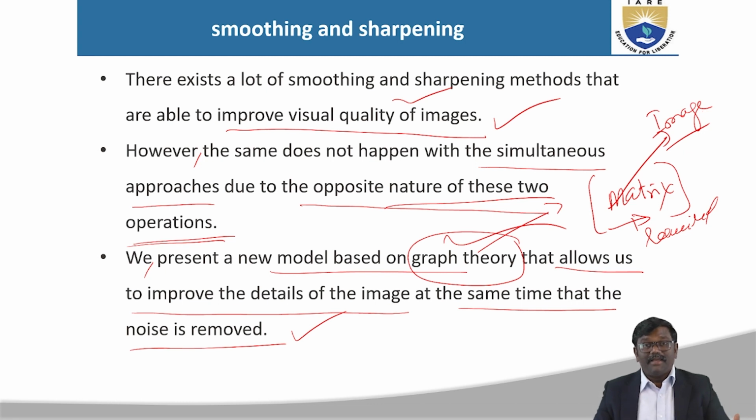Because the image contains a number of pixels, basically from 0 to 255, which are arranged in the form of a matrix. The meaning of matrix is nothing but rows and columns of values. The rows and columns arrangement of pixel values is your image in the form of a matrix format.